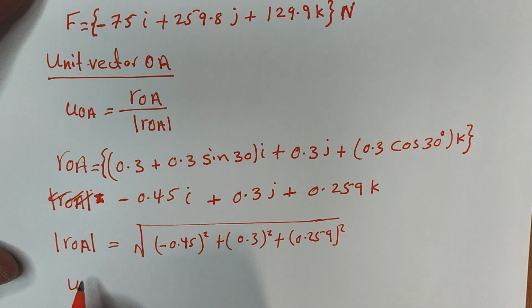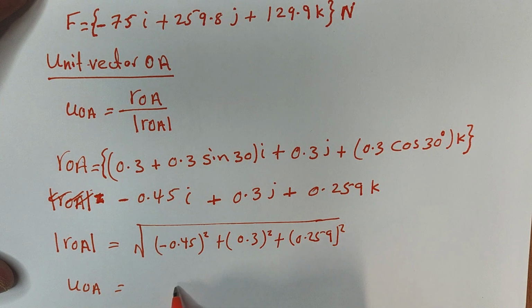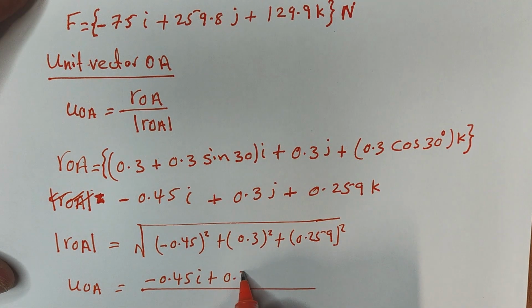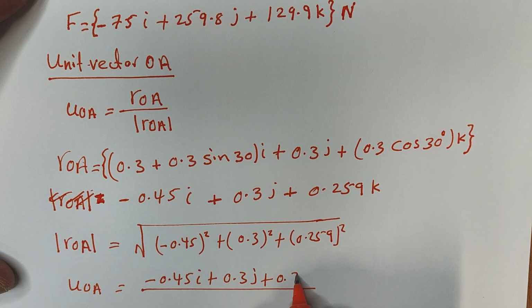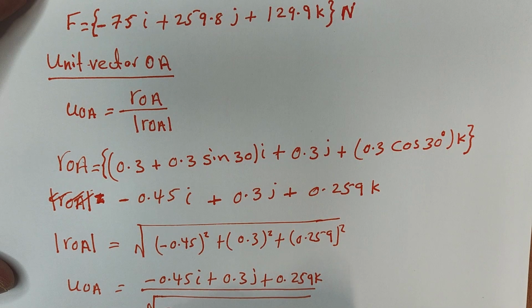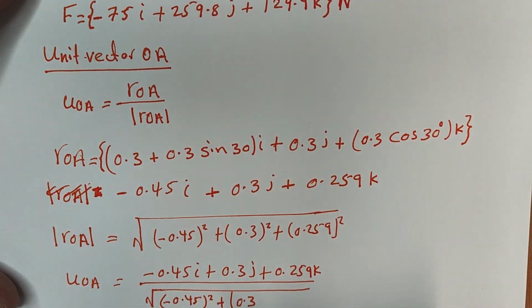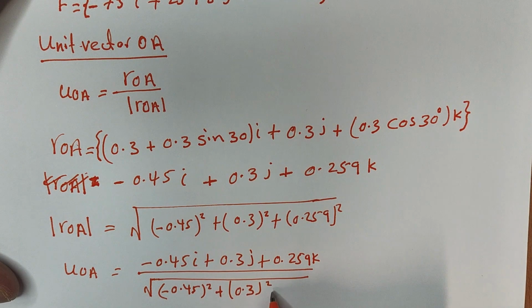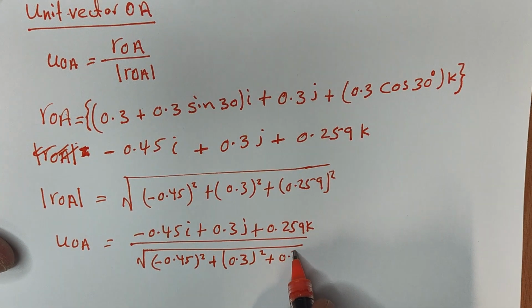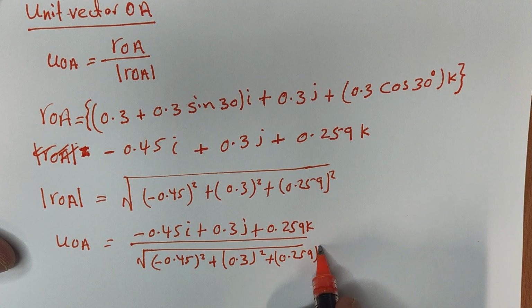Dividing for the unit vector UOA, the position over the magnitude: negative 0.45 i plus 0.3 j plus 0.259 k divided by the square root of negative 0.45 squared plus 0.3 squared plus 0.259 squared.